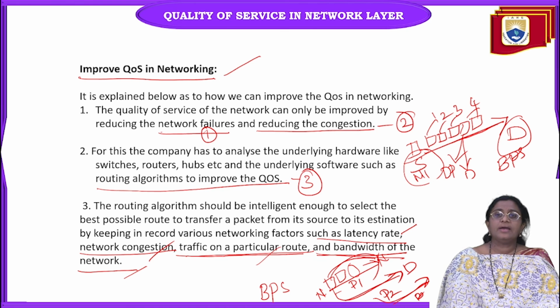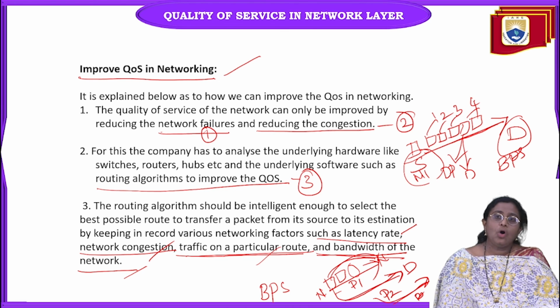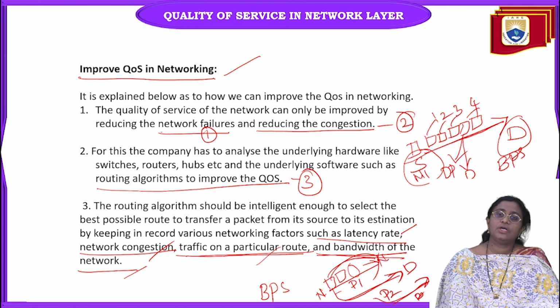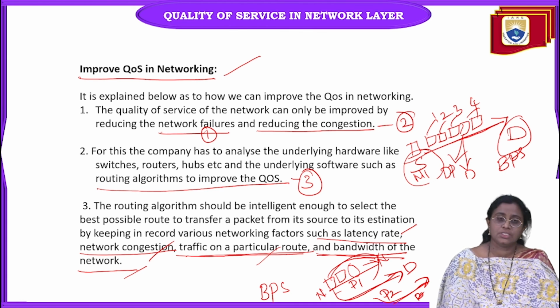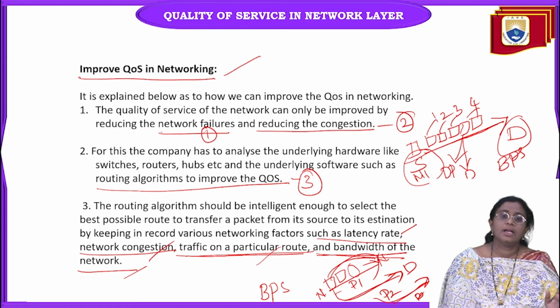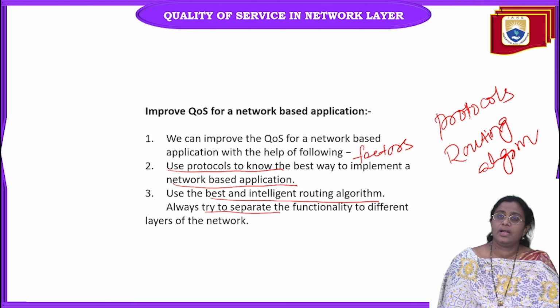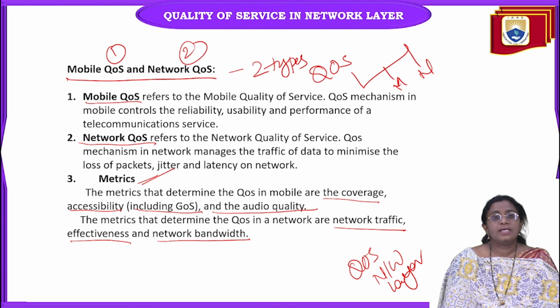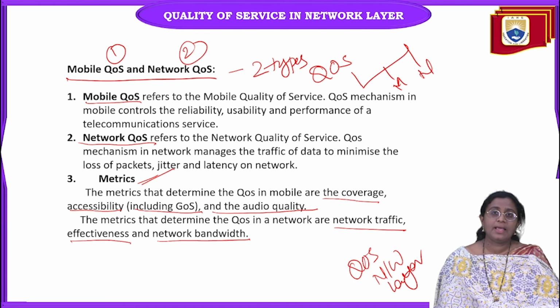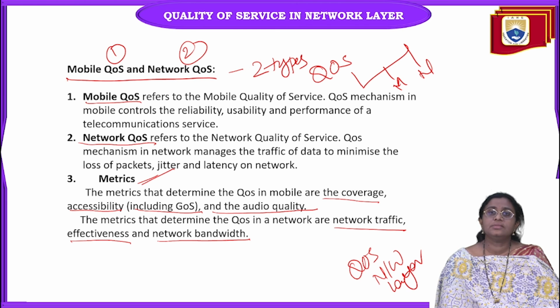Some of the networking factors to keep in mind while working with quality of service in the network layer are latency, network congestion, the traffic on a particular route, and the bandwidth on a particular network. Again, what are the two types of factors included to improve QoS for network-based applications, like the protocols and the routing algorithms, and what are the two types of QoS applications, mainly mobile QoS and network QoS, and the metrics.